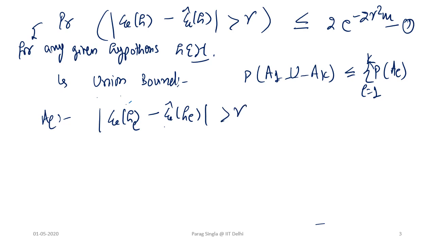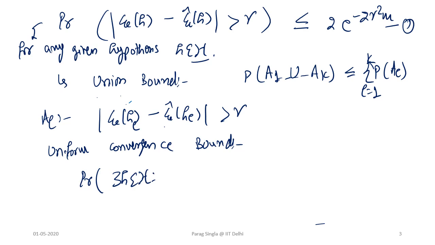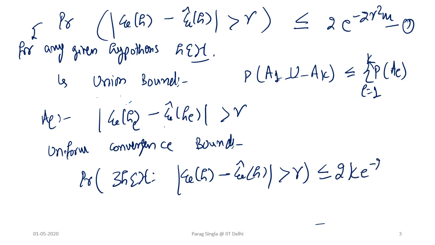Taking the union of these events and applying the union bound, we get what is referred to as the uniform convergence bound, which was nothing but the probability that there exists an h belonging to the hypothesis class, which is the union, such that |epsilon h minus epsilon hat h|, where we have replaced hl by simply h, meaning any hypothesis belonging to the hypothesis class, is greater than gamma, is less than or equal to 2k e to the minus 2 gamma square m.